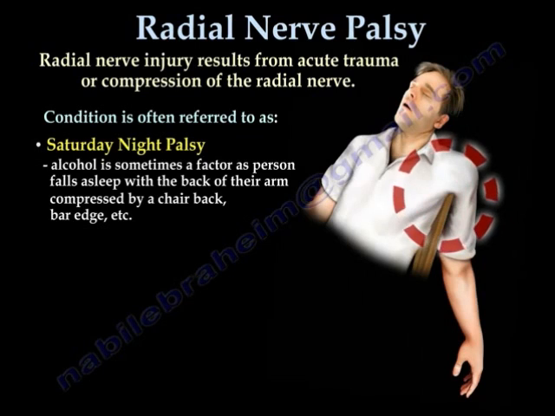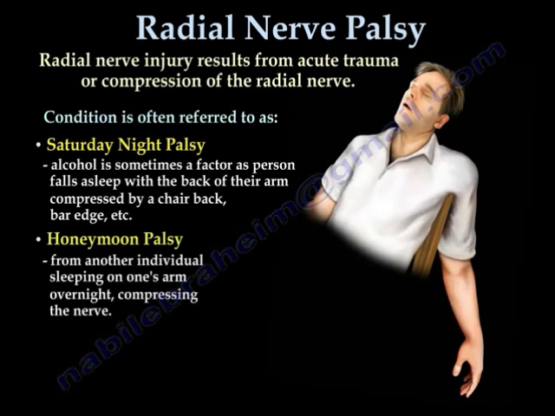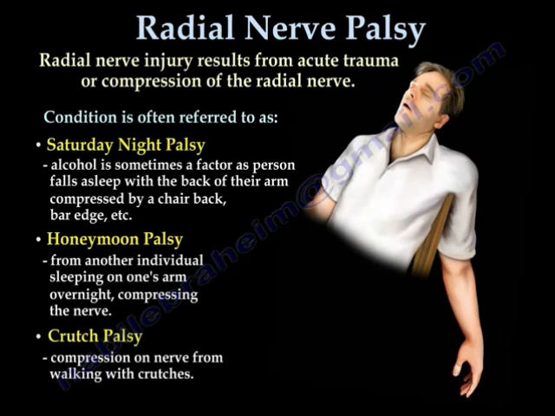The condition is often referred to as Saturday night palsy, alcohol sometimes a factor, as a person falls asleep with the back of their arm compressed by a chair back, bar, etc. Honeymoon palsy is from another individual sleeping on one arm overnight, compressing the nerve. Crutch palsy is compression of the nerve from walking with crutches.